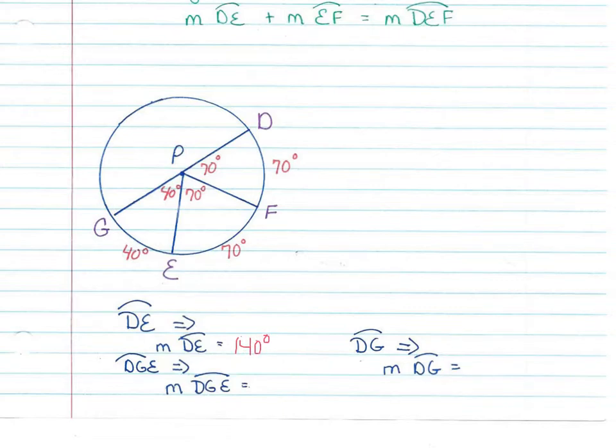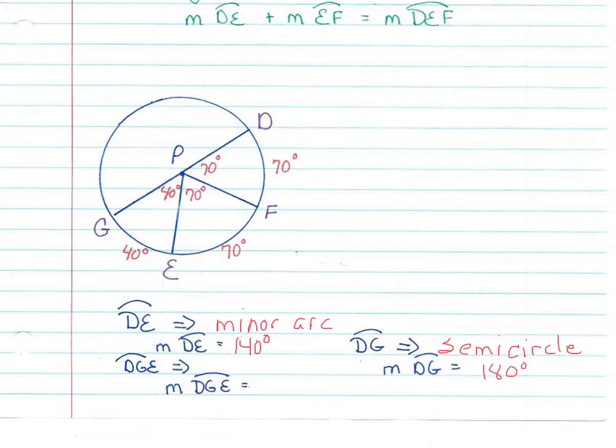And is that a major arc or a minor arc? It's a minor arc. What about arc DG? What kind of arc is that? It's a semicircle. Notice its endpoints are the endpoints of a diameter. So the measure of arc DG is 180 degrees.